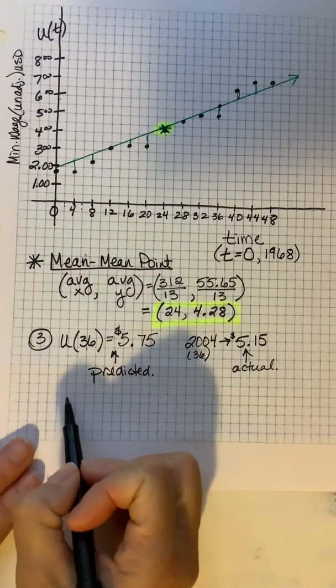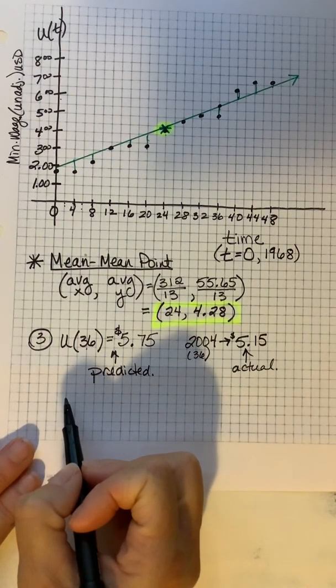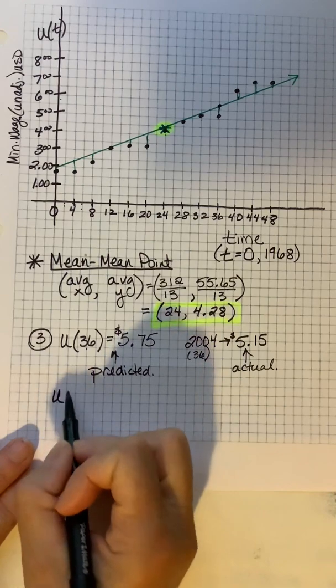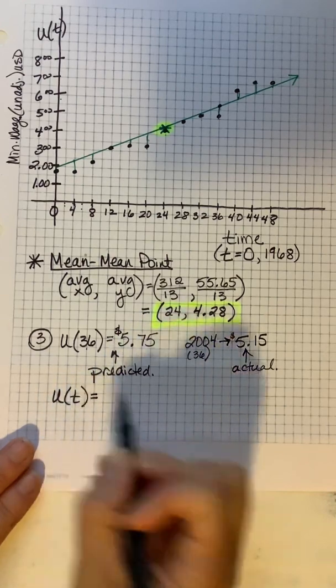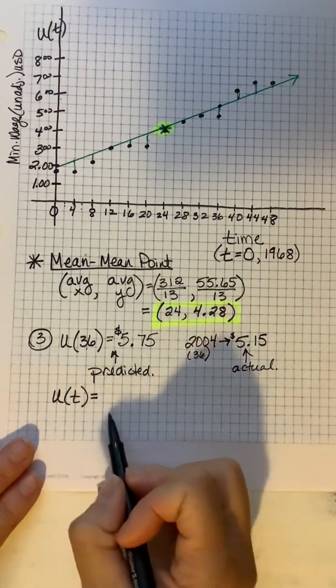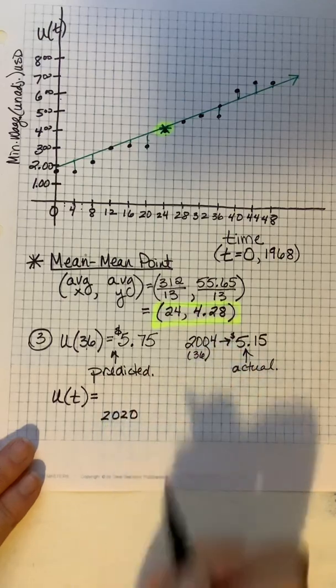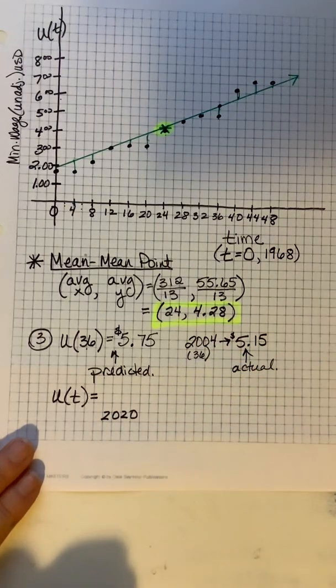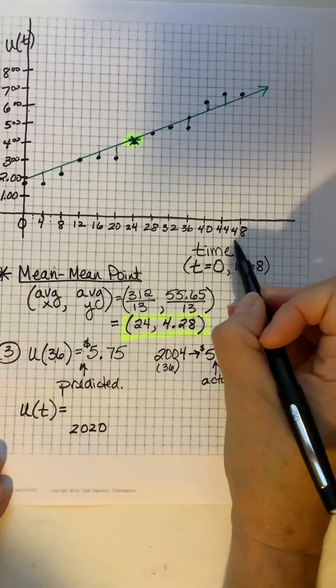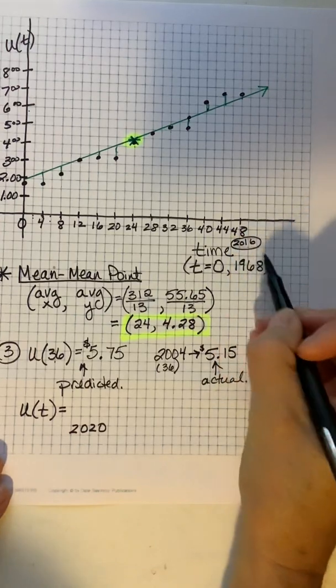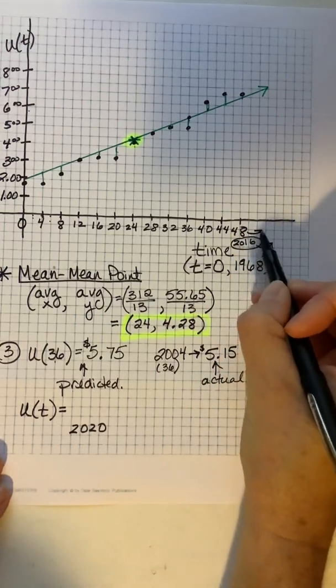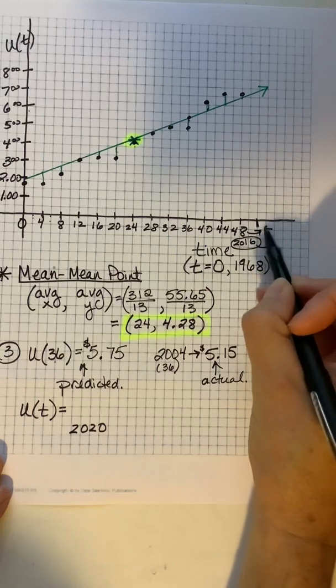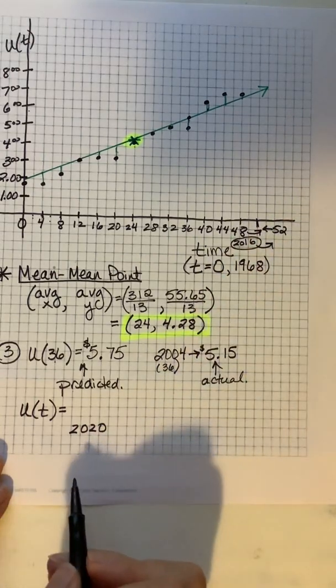Okay, the next question asked, use your line to determine what U of T will be this year. Okay, wait a minute. This year is 2020. The last point that I had was 2016. So 4 more years. I need to look at 52.